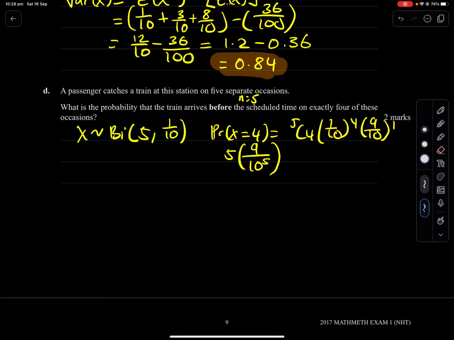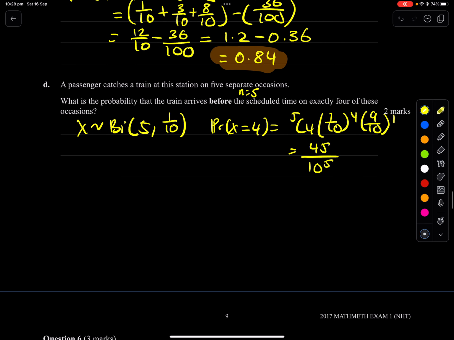Do we have to simplify? Well, it's just 45 over 10 to the power of 5. Do we simplify this? I mean, you can, but I don't think it's important. You can say 45 times 10 to the negative 5, or actually 4.5 times 10 to the negative 4.